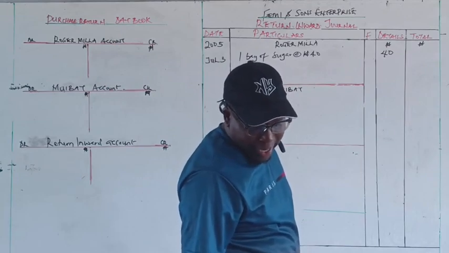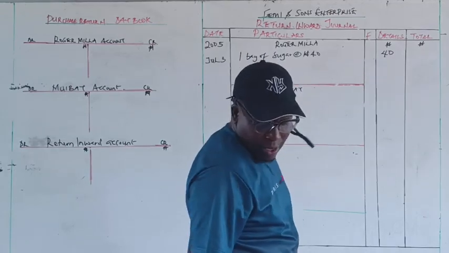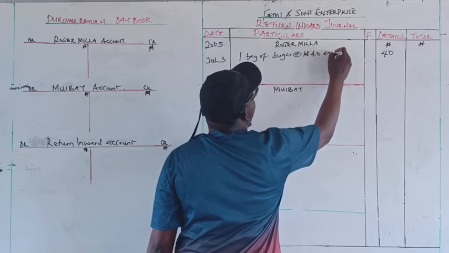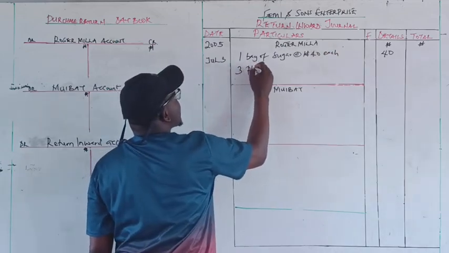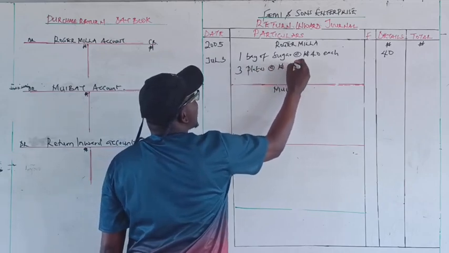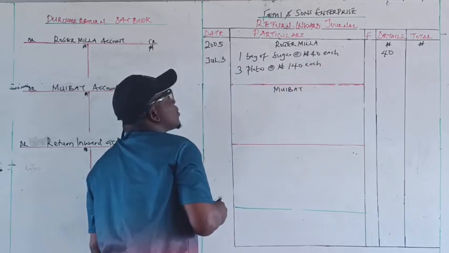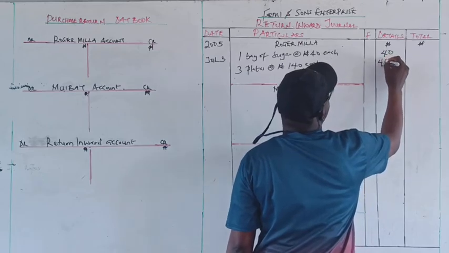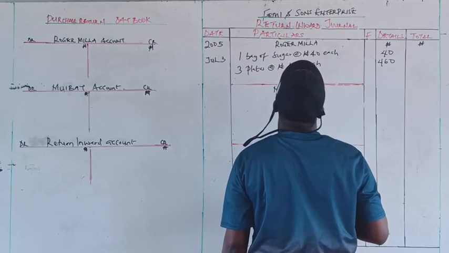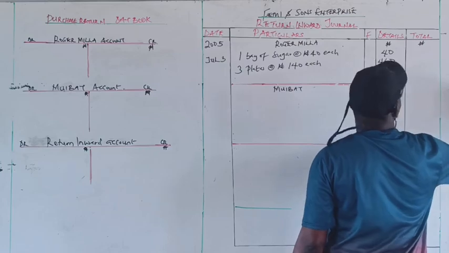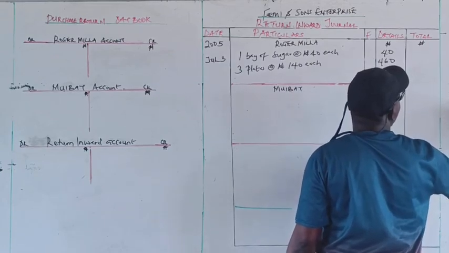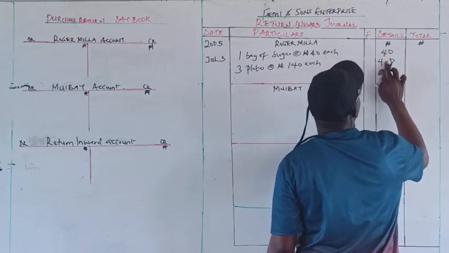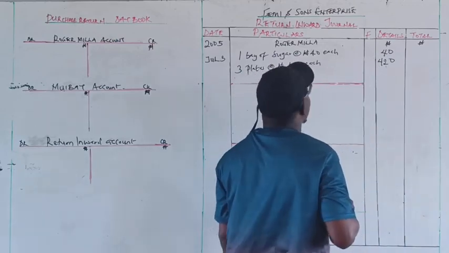And in return, 3 plates at 140 naira each. 3 plates at 140 naira each will give us, sorry, 420 naira.